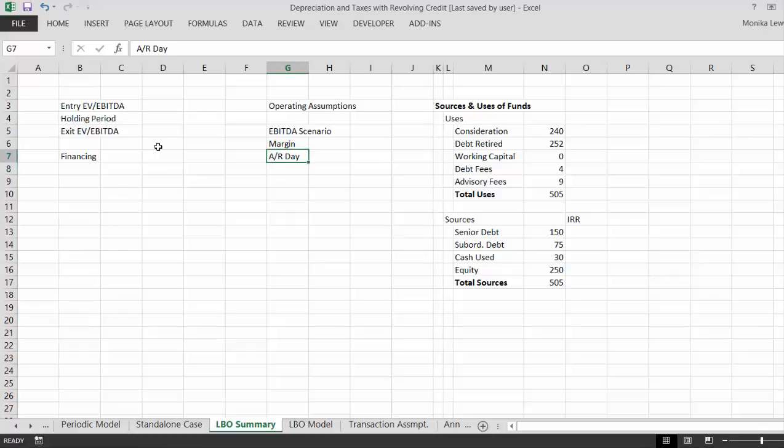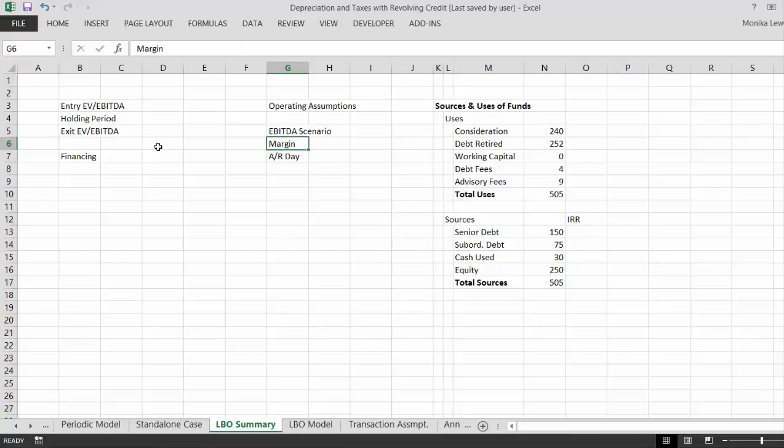Although I don't know, we might have to put another little function in here, but we want to get the IRR. If you really fancy, you could get the IRR in real terms and nominal terms.